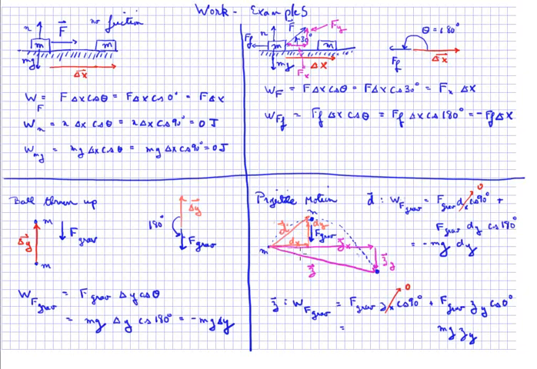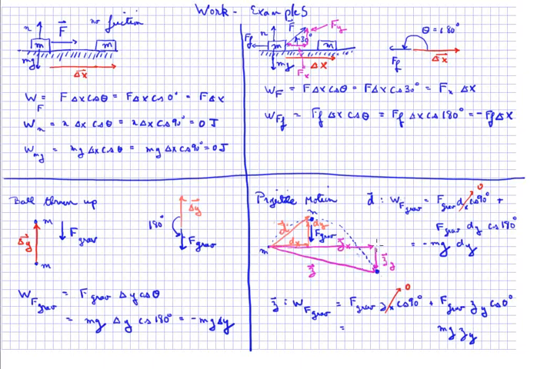For the second example, where we want to compute the work done by gravity in going from here to here, similarly we break the displacement z into an x component and a y component. Again, there's no work done by gravity on the x component of the displacement.